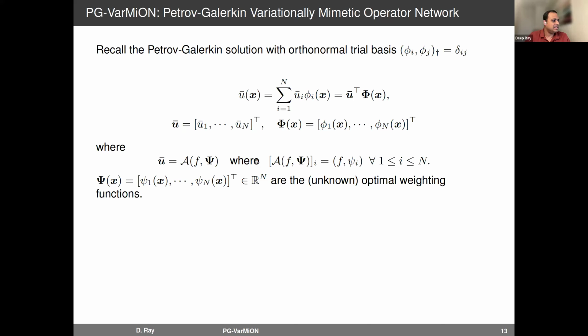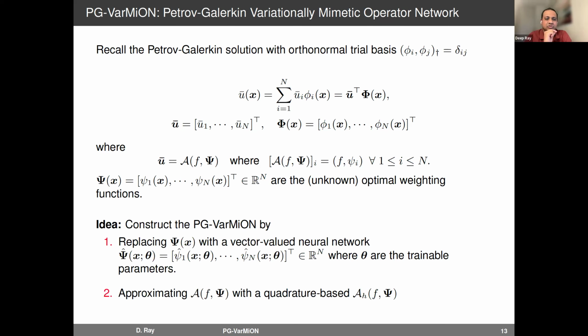But the problem here was that we can use this provided we know what the psi are, but we don't know what the psi is supposed to be, which is why it's hard to use. So this is what we will try to mimic. So we'll design our Petrov-Galerkin variationally mimetic operator network, or PG-VarMiON, using two ideas. First of all, we will replace this unknown weighting function vector psi of x with a vector valued neural network, which I denote by psi hat, with parameters theta.